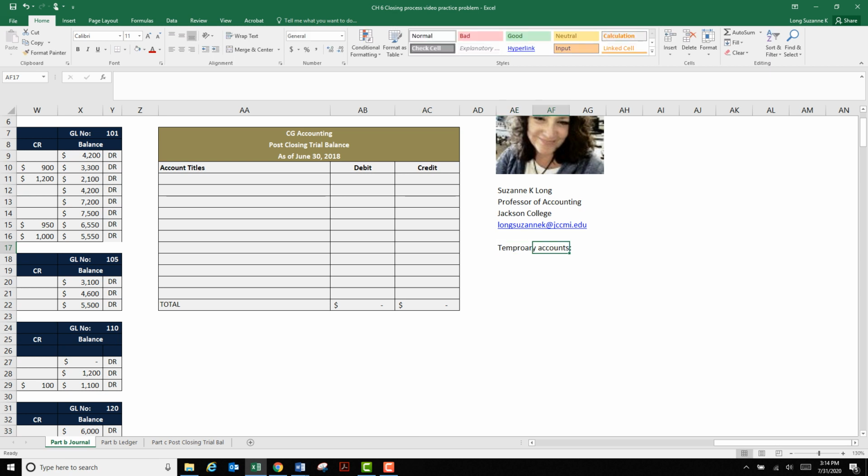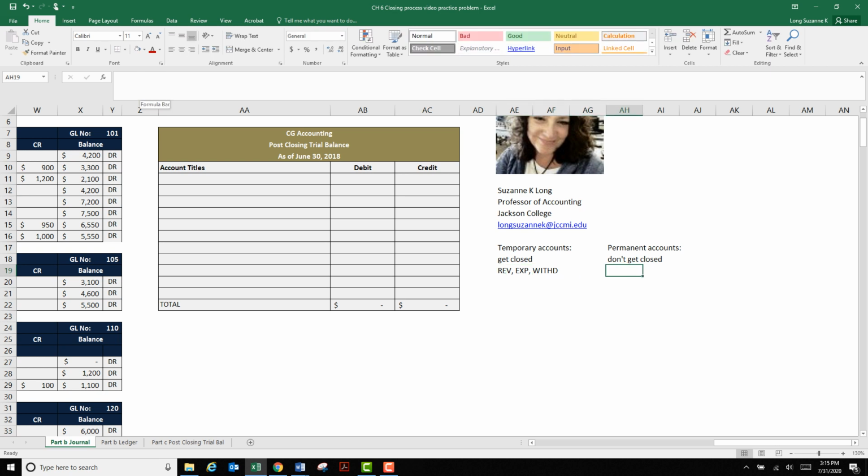Temporary accounts are revenue, expense, and withdrawals.